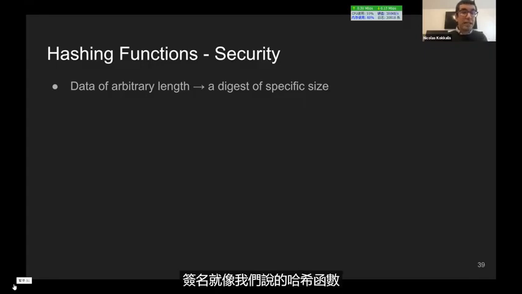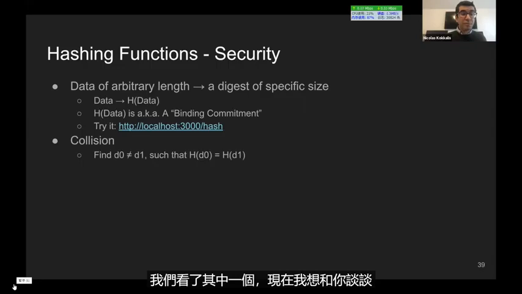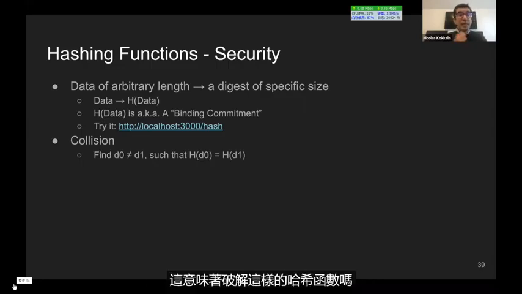So like we said, the hashing function takes data of arbitrary length and produces a digest of a specific size, and we looked at one of those. Now I wanted to talk to you about what it would mean to crack such a hashing function.